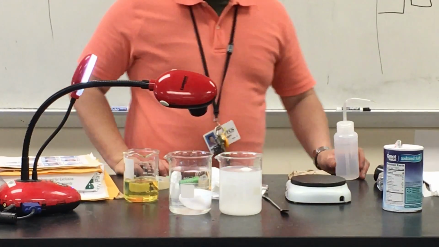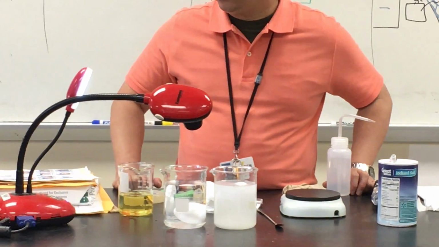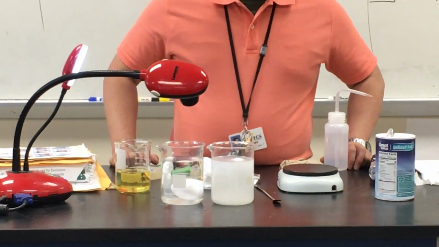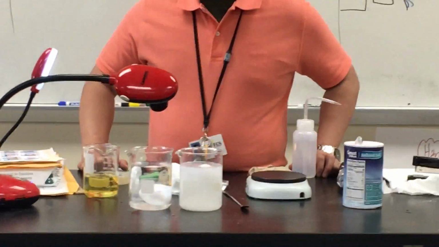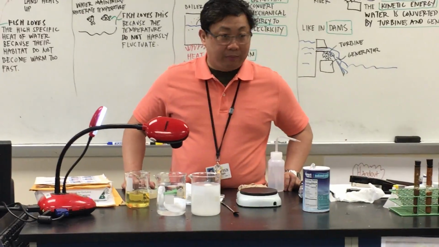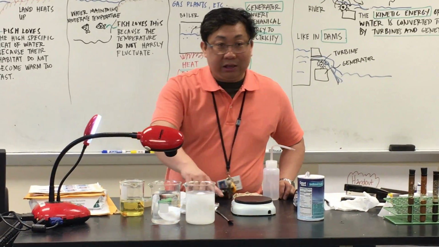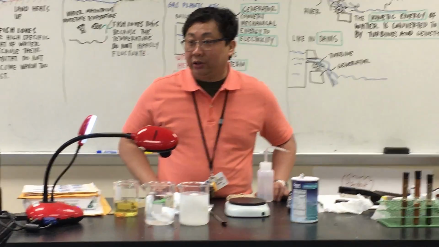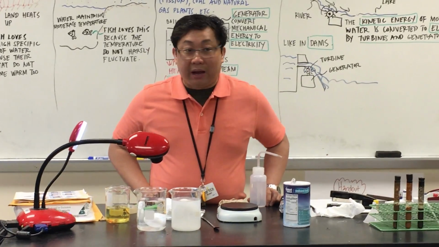No. So what made the egg float? Do they have the same level of water? Yeah. But it still did not float. So what is that thing that I did that made it float? The salt. The salinity of the water here is higher, and because of that, the density became higher too.